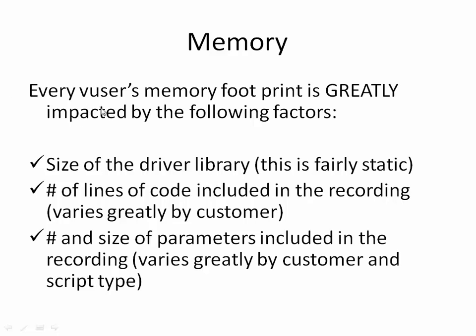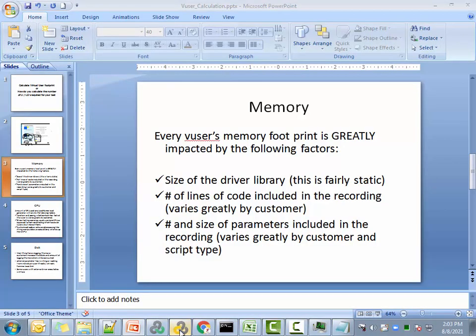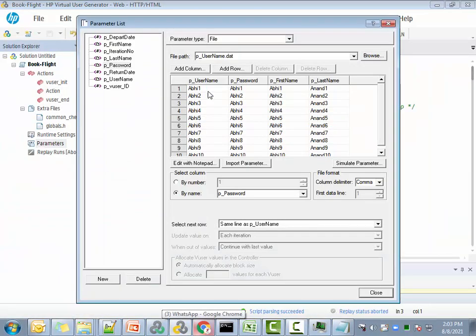Every user's memory footprint is greatly impacted by the following factors. One is the number and size of the parameters. Parameters means LR parameters that you declare over here. How many parameters have you declared?